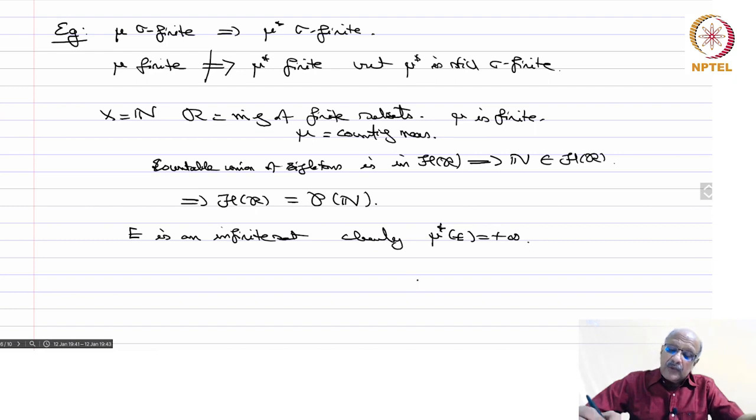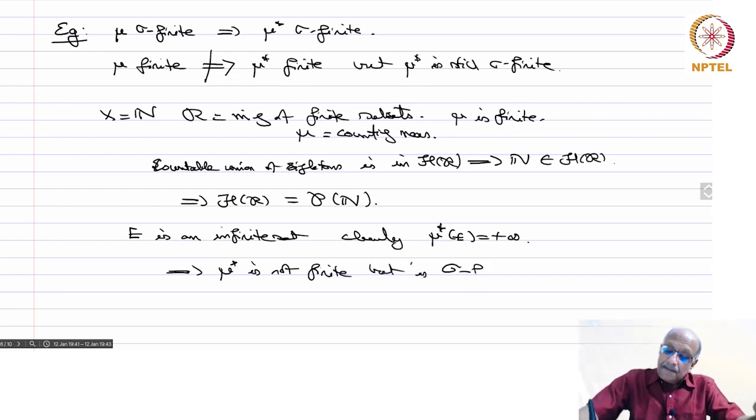Each one will have at least measure 1, and therefore the sum of mu of E_i will always be plus infinity for an infinite set, and therefore the infimum will also be plus infinity. So mu star of E will always be plus infinity. So this implies that mu star is not finite, but it is sigma finite.